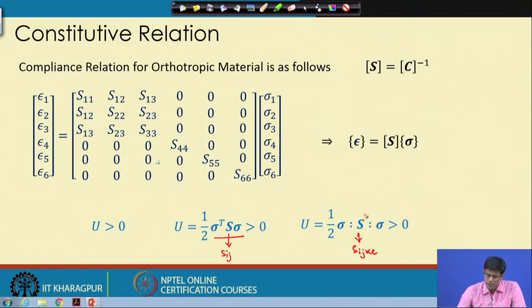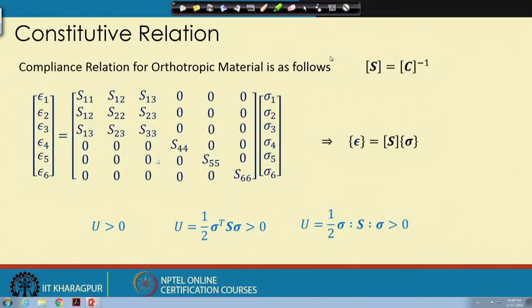So this matrix S also has to be a positive definite matrix. This actually imposes some restriction on Sij and Cij. If there are restrictions on Cij and Sij, then finally we can put this restriction on the engineering constants: Poisson's ratios, Young's modulus and shear modulus.